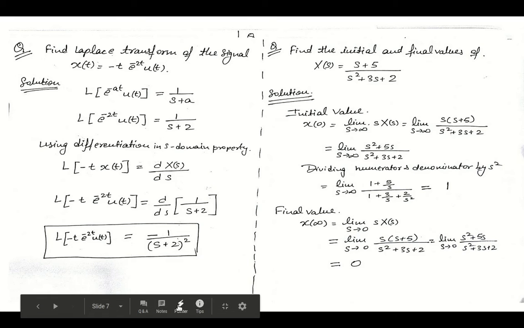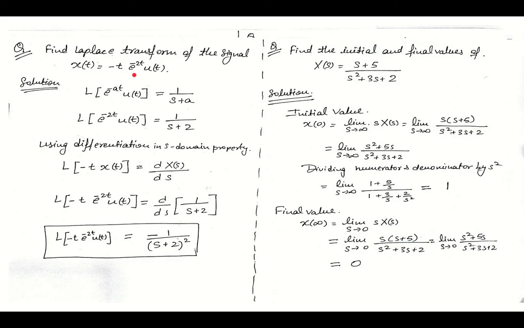Now, as we can see, this function x(t) equal to minus t e to the power minus 2t u(t) comprises various elements. Firstly, it has a minus t in it, then it has an e to the power minus 2t, and it has a value of u(t).